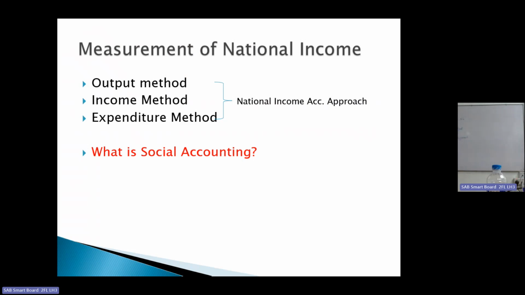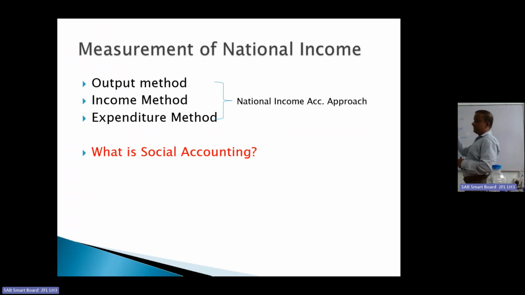And the other one is the balance sheet approach, where we consider assets and liabilities. And the other one is the national accounting approach.